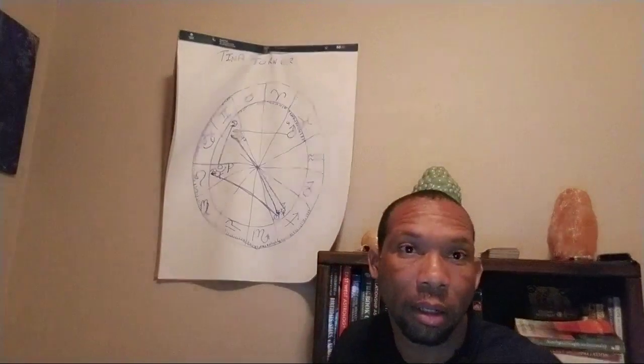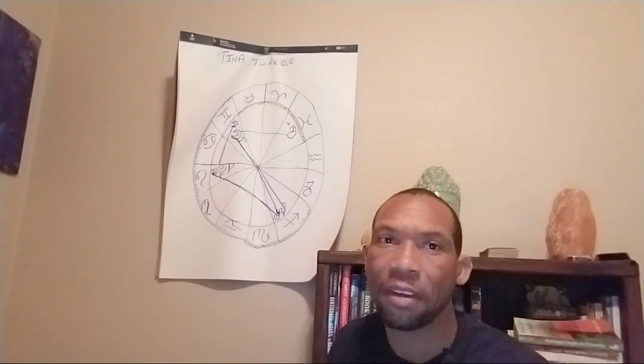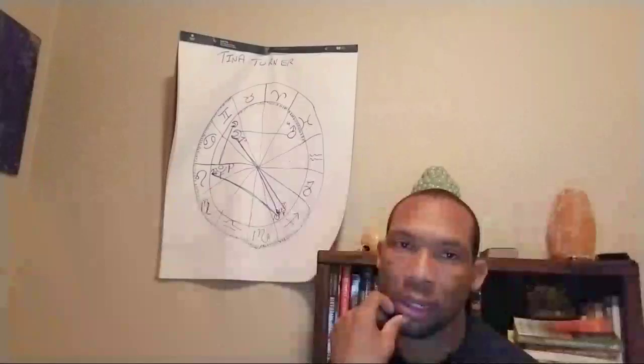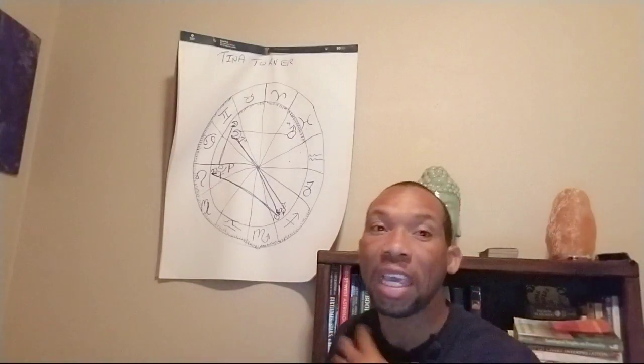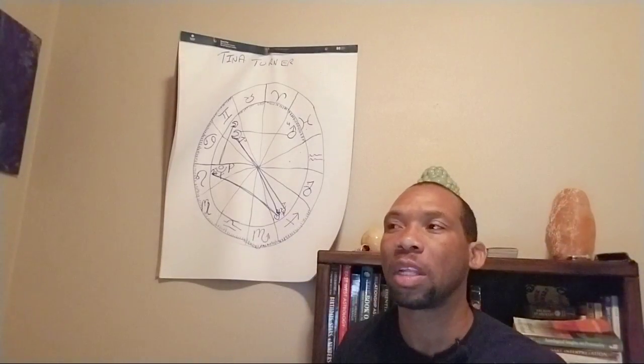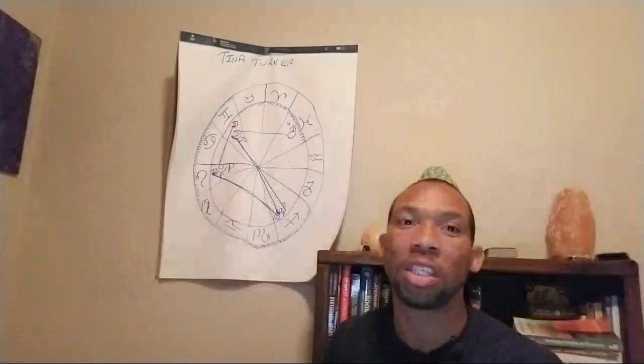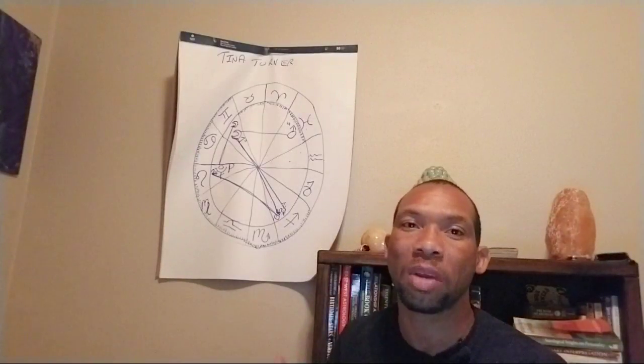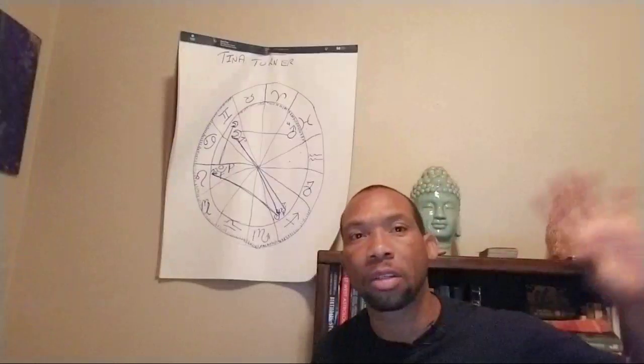What does that mean? It means that even though she can speak her truth, she doesn't necessarily feel secure when she does it. So she doesn't really speak all of her truth the way she should, because she doesn't feel comfortable expressing her feelings, which are connected to the moon.